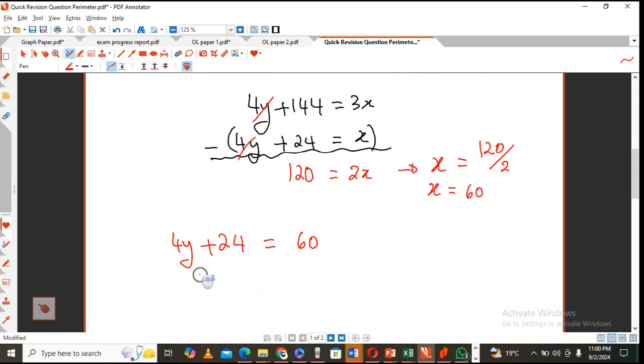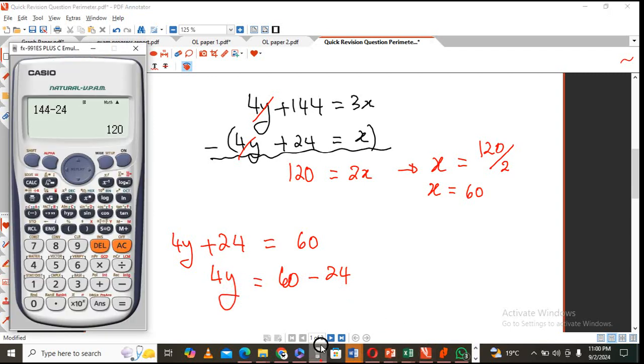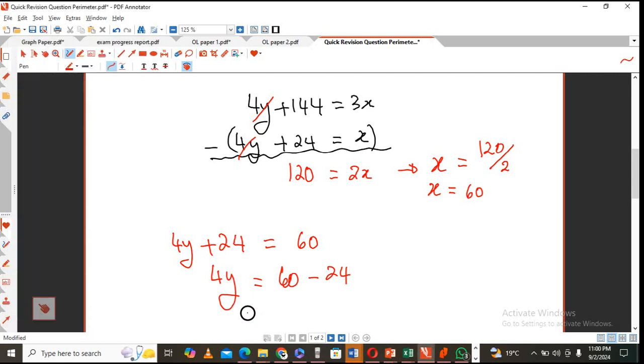So 4y is equal to 60 take away 24. 60 minus 24 gives you 36. So 4y is equal to 36, so y will be 36 divided by 4, and y equals 9.